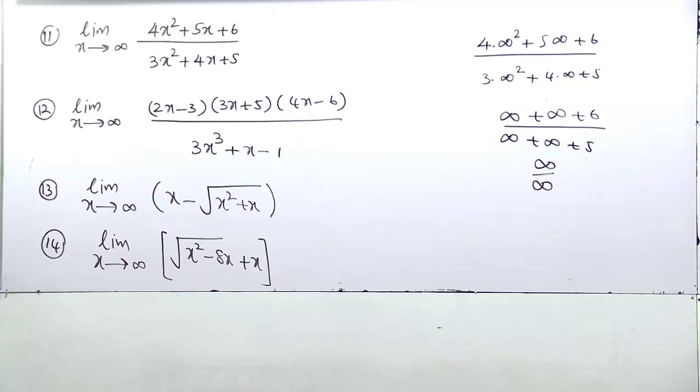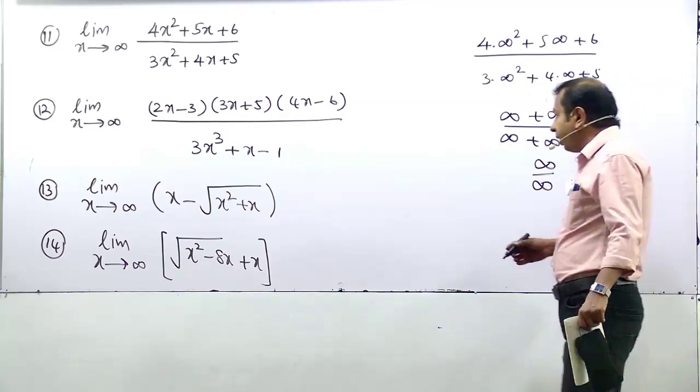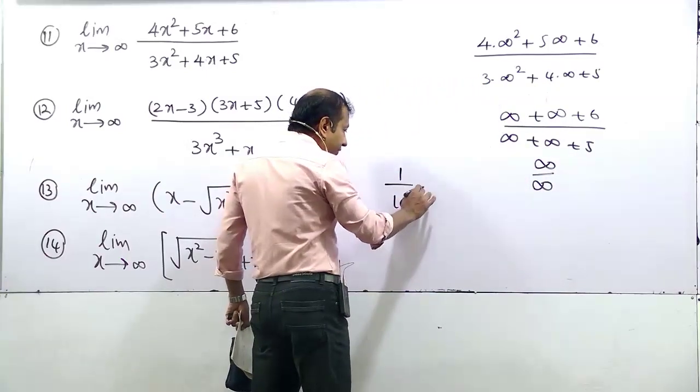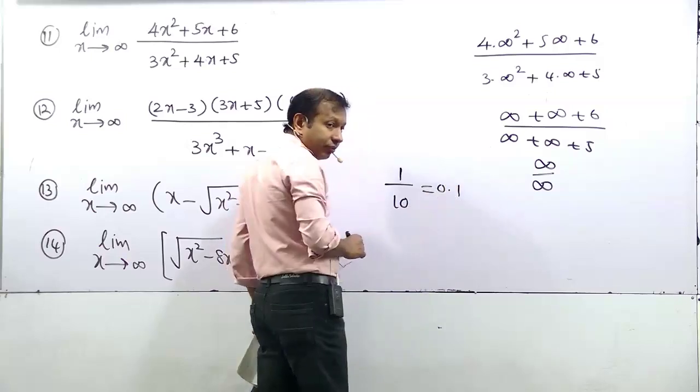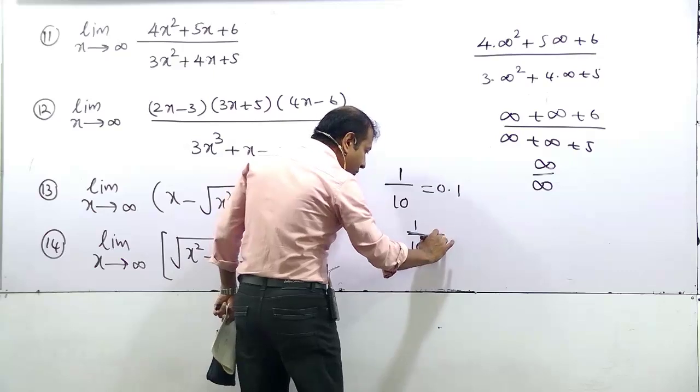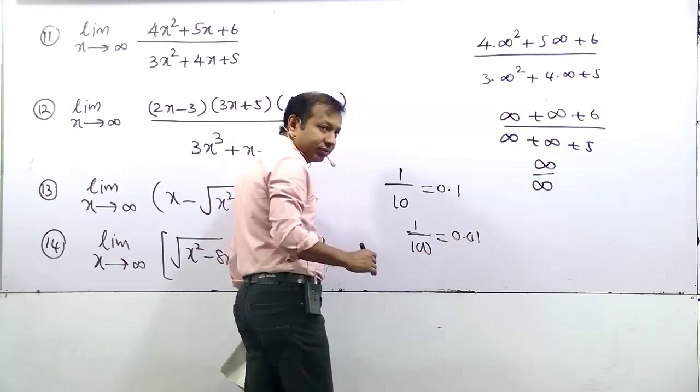Understand? Let's see in this case how to take the answer. People think like this. Now we divide 1 by 10. Answer is 0.1. 1 by 100. Answer is 0.01.